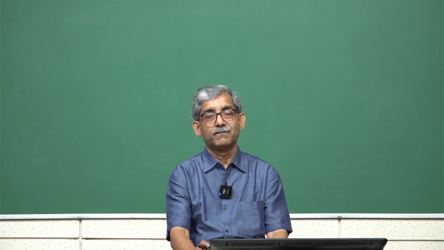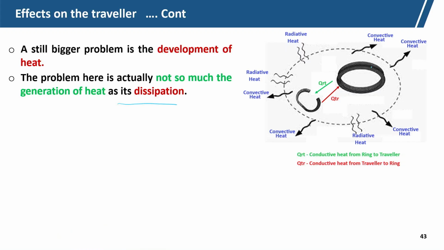So, you can see this is a ring, and here is the traveller. Now, conductive heat goes from ring to traveller, and from traveller to ring the conductive heat is also transmitted. So, there is a heat exchange.